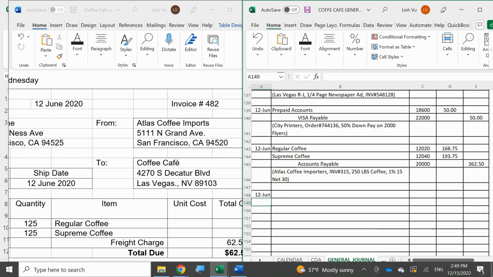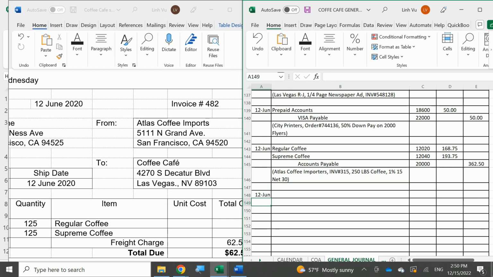Yes, because remember, for perpetual inventory, it is every single cost it takes to get the inventory to the store. So the purchase price is going to go towards inventory. Shipping cost is going to go straight to inventory.